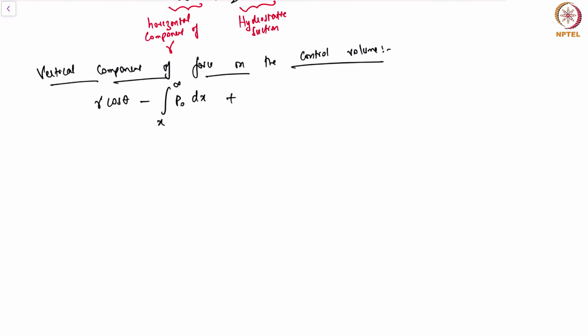And on the other hand, we have P naught minus rho naught gz dx. So these two are the projection of the forces from the top and the bottom respectively, and both these integrations span the entire control volume.